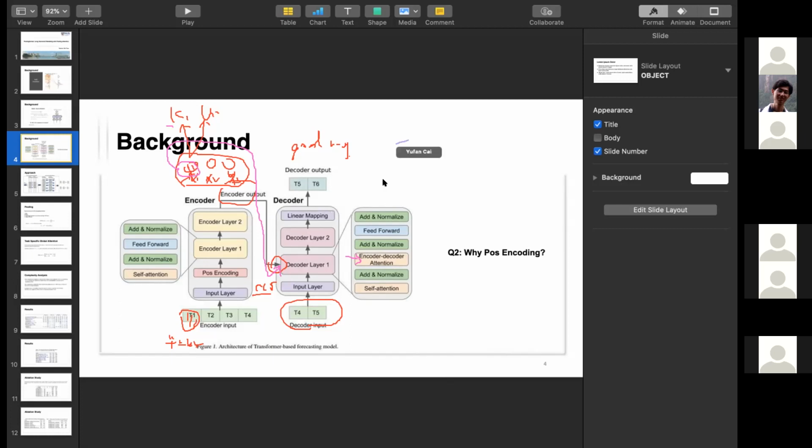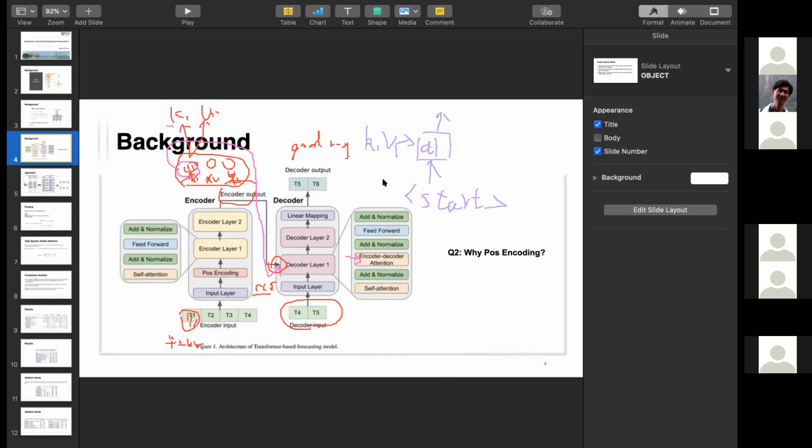So let me ask. This is the first unit of the decoder, we can name it D1. So this input is the start token in the vocabulary, and this input is K1 and V1. Is it right? And for D1, the K1 and V1 are actually attached to D1.